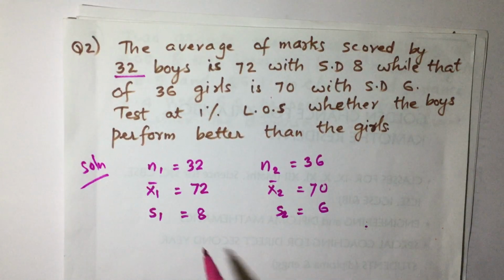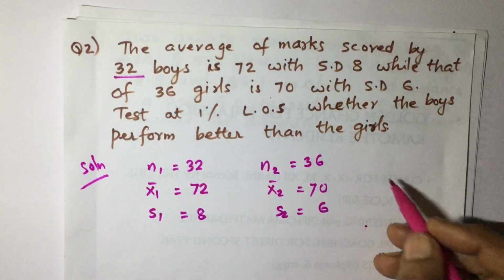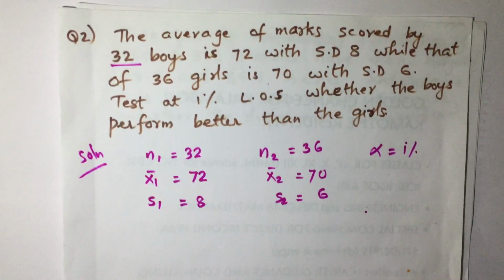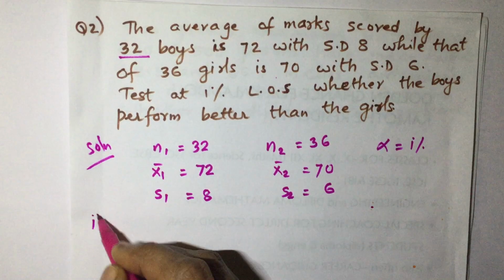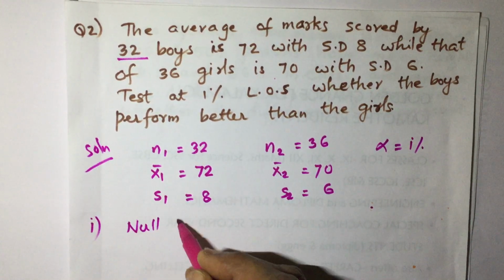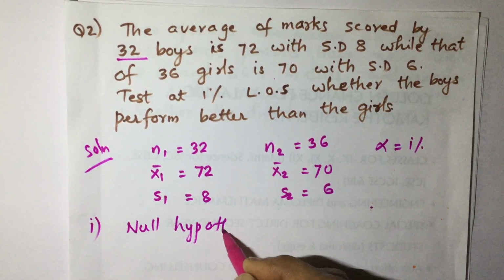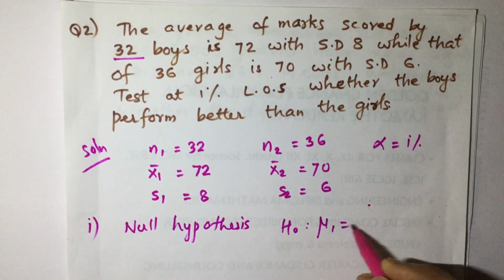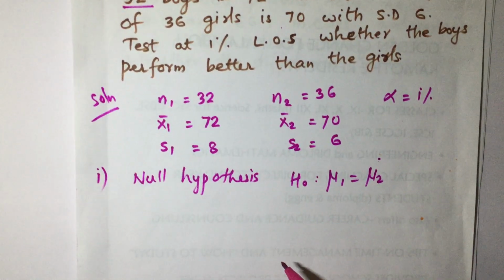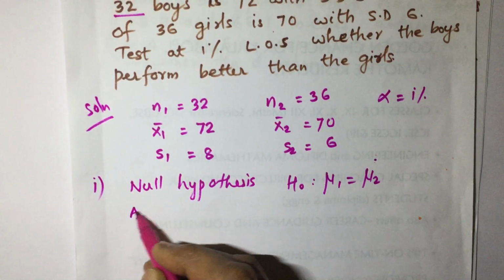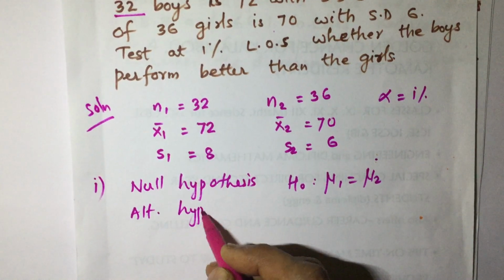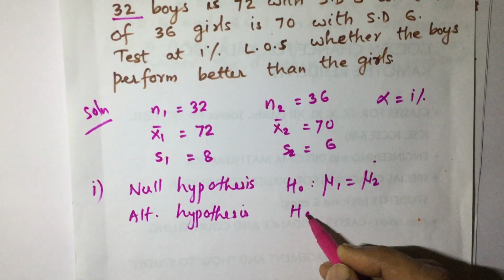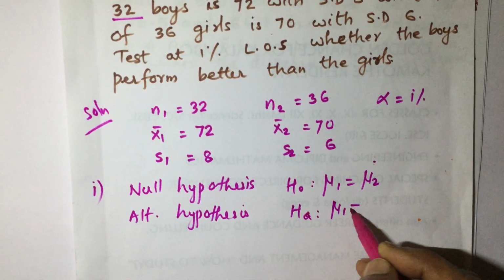Then test at 1% level of significance, so alpha is 1%, whether the boys perform better than the girls. So here the null hypothesis H0 you will take as mu1 equal to mu2. Then the alternate hypothesis HA is mu1 not equal to mu2.